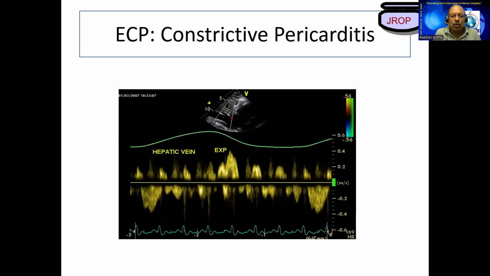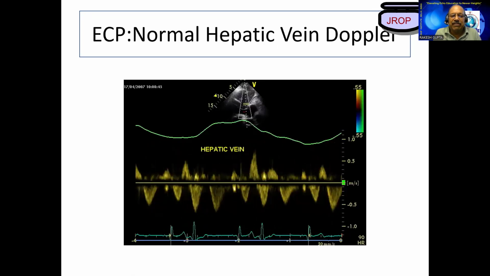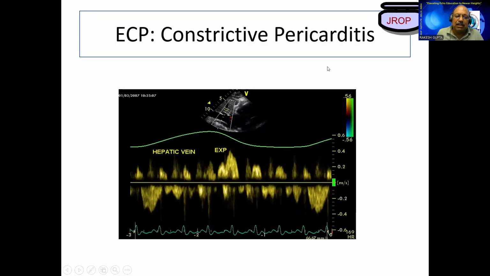And the most important thing is when we develop full-fledged constrictive pericarditis, the other feature which develops to a large extent is expiratory reversal of flow in the hepatic veins. As soon as the first beat of expiration happens, which is seen over here, the flow reverses from IVC to hepatic vein, which is shown in M mode kind of a pattern.